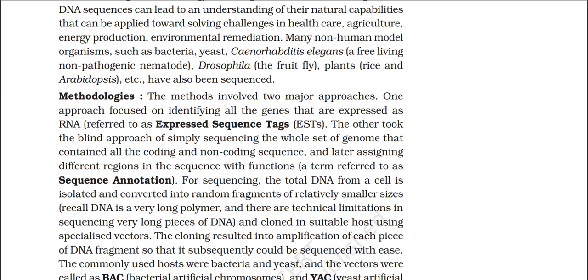For sequencing, the total DNA from a cell is isolated and converted into random fragments of relatively smaller sizes. Recall, DNA is a very long polymer, and there are technical limitations in sequencing very long pieces of DNA. The fragments were cloned in suitable host using specialized vectors.